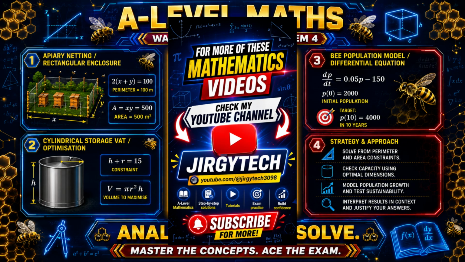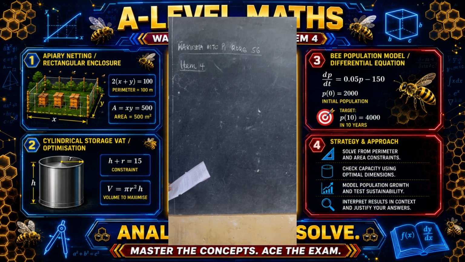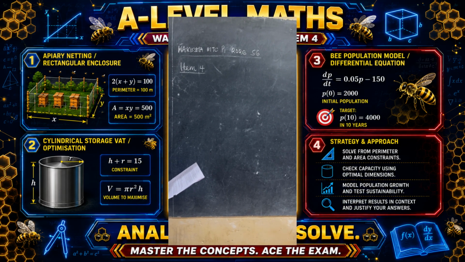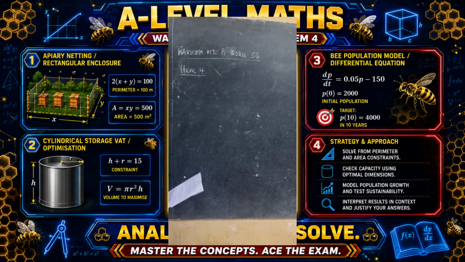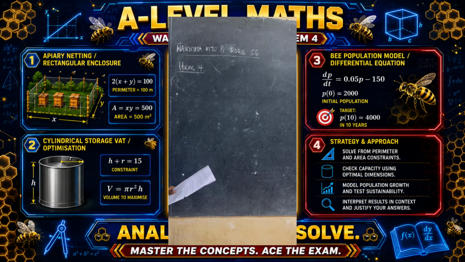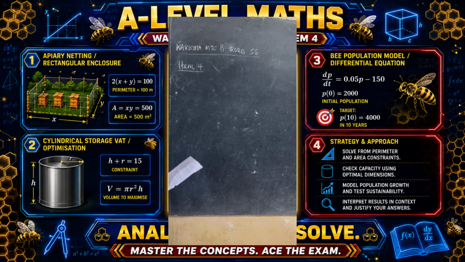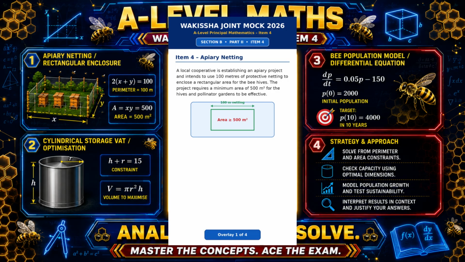A local cooperative is establishing a prairie project and intends to use 100 meters of protective netting to enclose a rectangular area for the beehives. The project requires a minimum area of 500 meters squared for the hives and pollinator gardens to be effective.